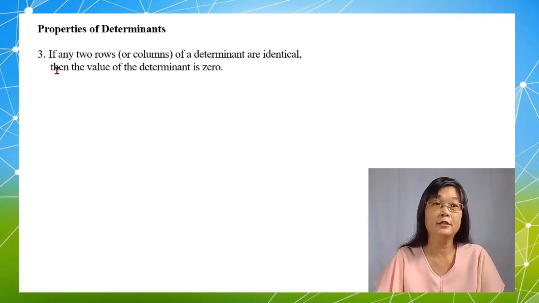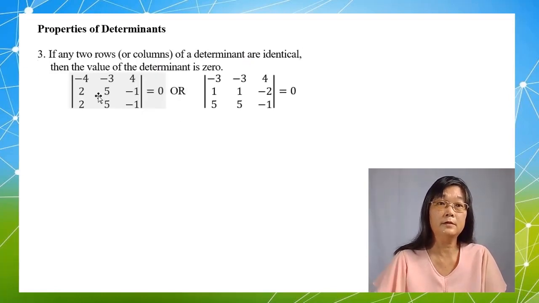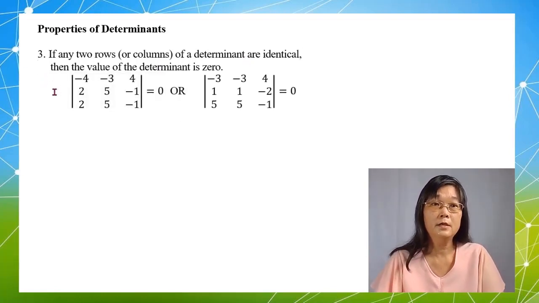Property number 3. If any two rows or columns of a determinant are identical, then the value of the determinant is 0. So now let's look at this example. Here we can see that all the elements in row 2 and all the elements in row 3 are identical.